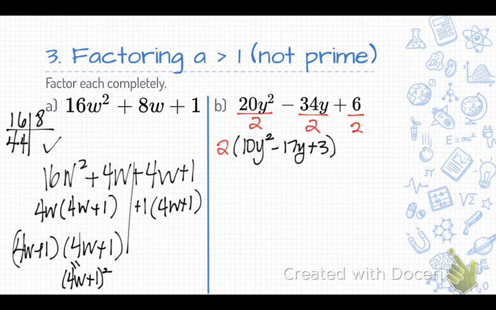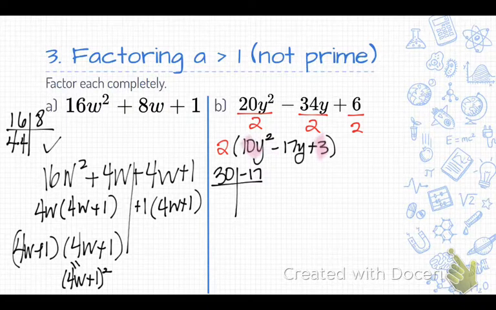Now I can factor. So what is a times c? 10 times 3, which is what? 30. And what's my b value? What do I add to? Negative 17. Okay, so 10 times 3 is 30. Is 10 plus 3 17?